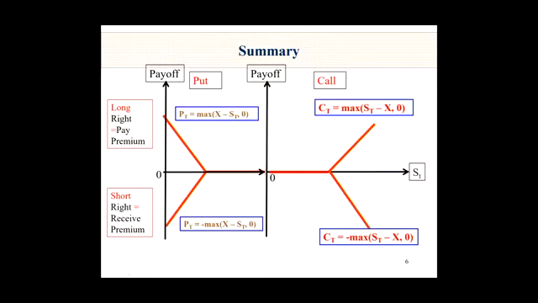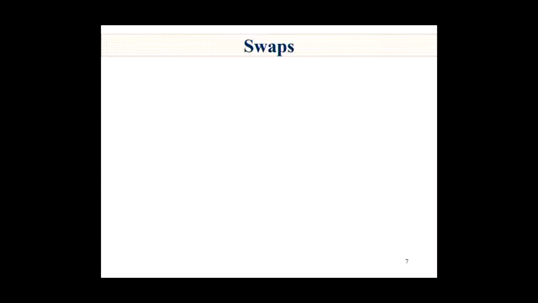Similarly, if you are a put option writer, you will make a loss if the exercise price turns out to be greater than the current spot price. So that was a rapid run through futures and options. What we're going to be talking about today is swaps.